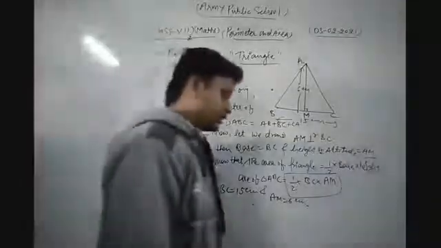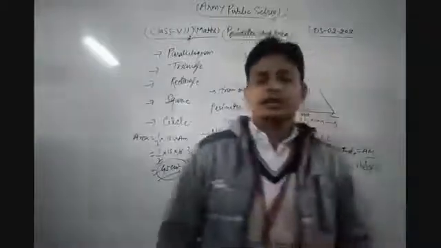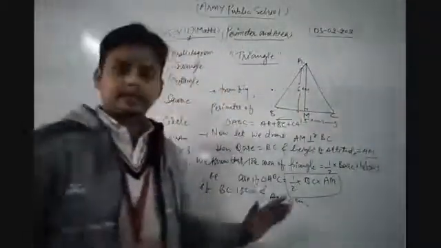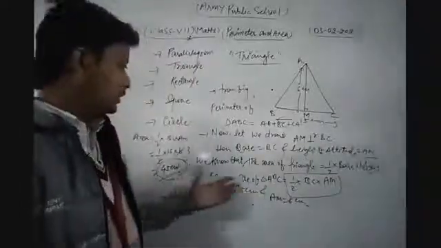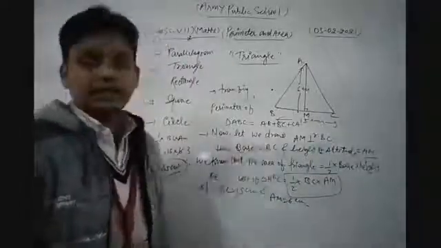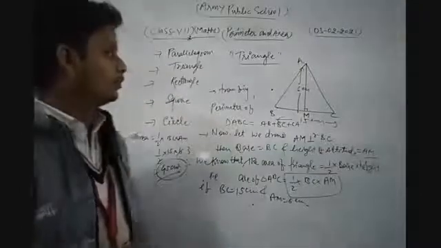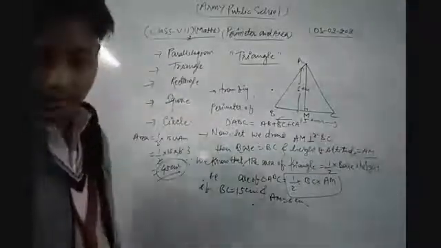Thus, dear students, first of all you revise all the important concepts related to triangle which were discussed in that class, and after using all these concepts you can solve each and every question of your NCERT exercise. Now we are going to discuss the next topic of that chapter, which is rectangle.